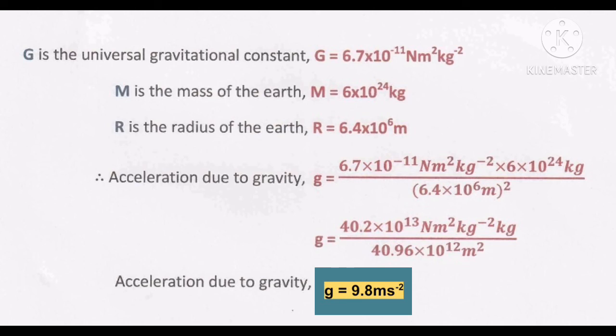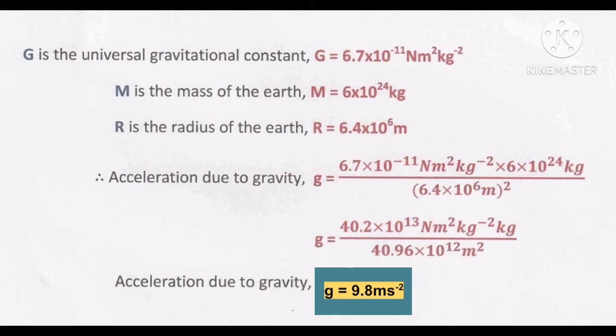Let us substitute, that is g equals 6.7 into 10 to the power of minus 11 Newton meter square per kg square into 6 into 10 to the power of 24 kg divided by 6.4 into 10 to the power of 6 meters whole square.